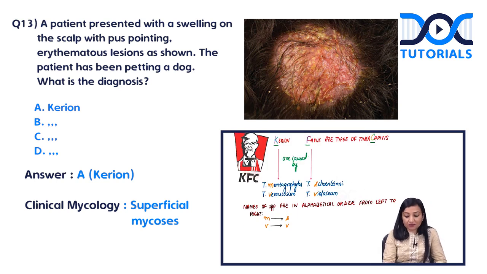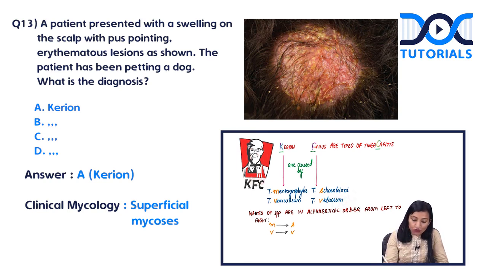Have a look at this, guys. Now, I on purpose wrote the names Chirion and Favus from left to right because I want you all to remember this. Okay, what you can see over here on the extreme left, this is KFC logo which I have drawn, and from KFC logo take home message is K, F respectively stand for Chirion and Favus, and C stands for capitis.